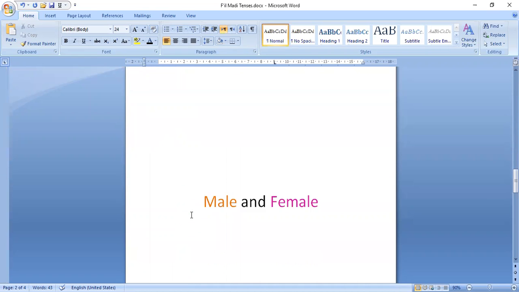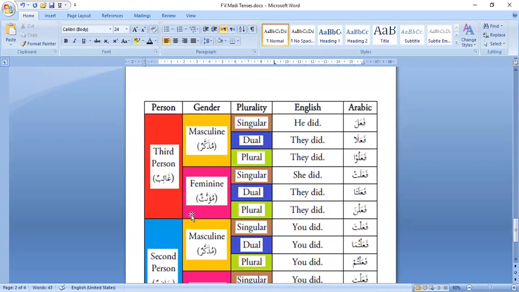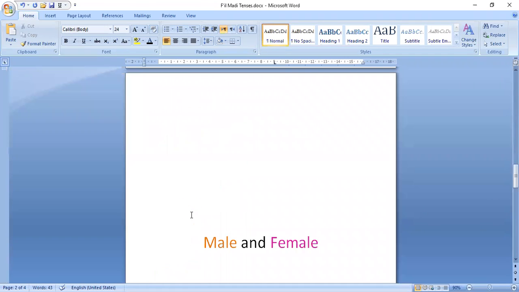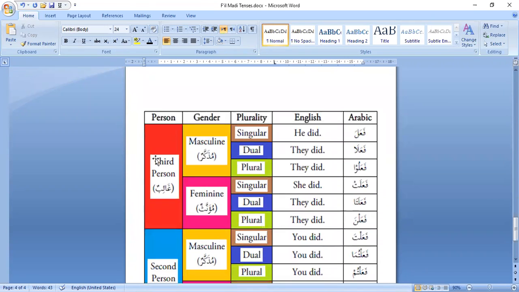And now we'll look at the table they give here. This obviously saves time. But look, ghaib, person who's not present, third person, masculine, singular, he did, fa'ala. Third person, masculine, dual, they both did, fa'ala. Ghaib, third person, masculine, plural, they did, fa'alu, all of those guys.